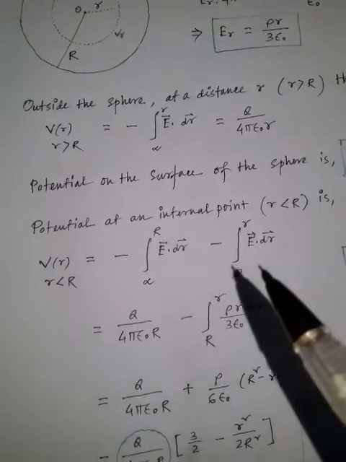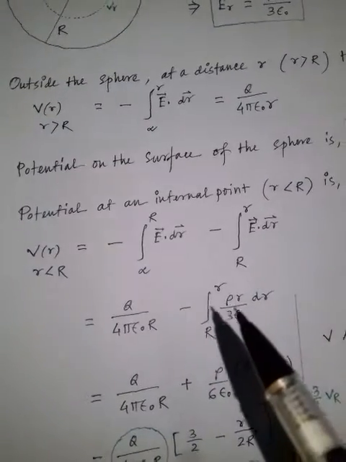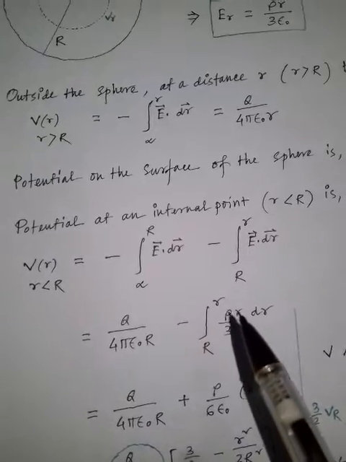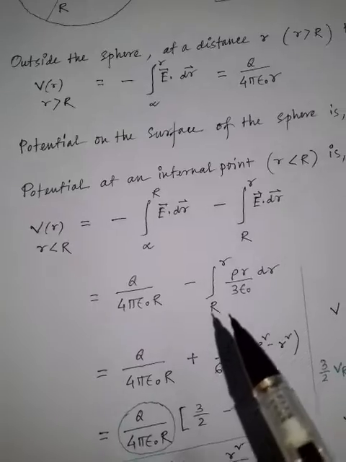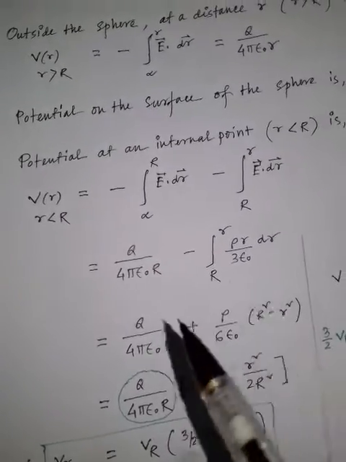Integrating the term r dr, we get r square by 2. So putting the limits, we finally get this.